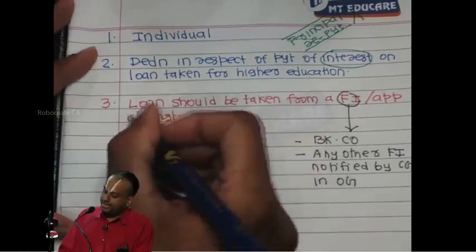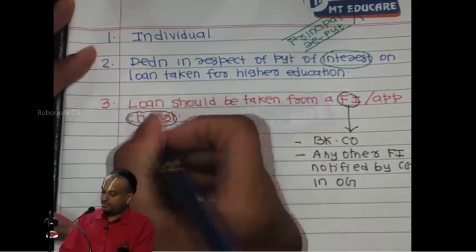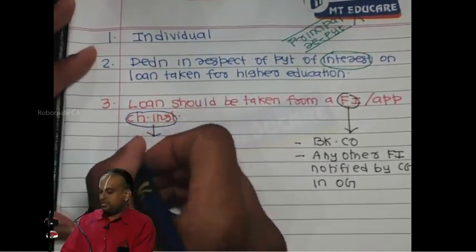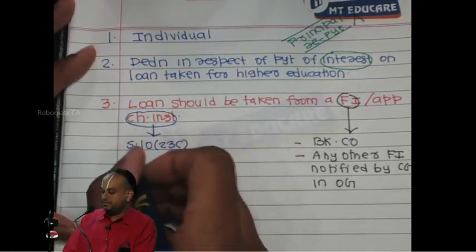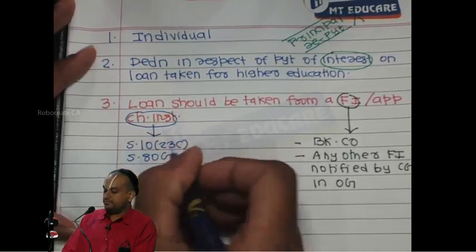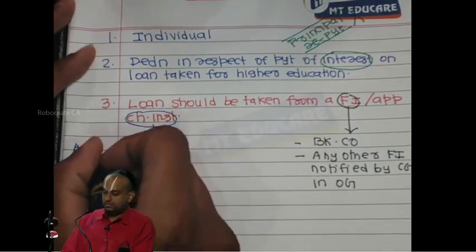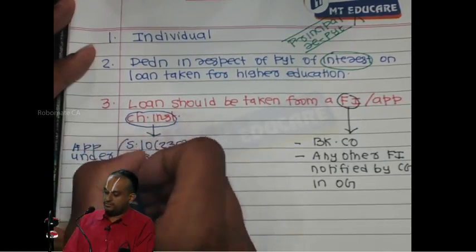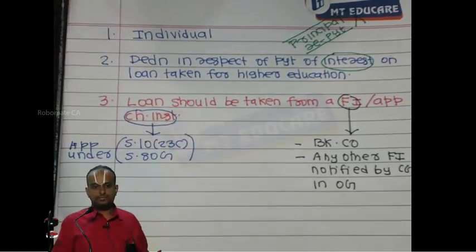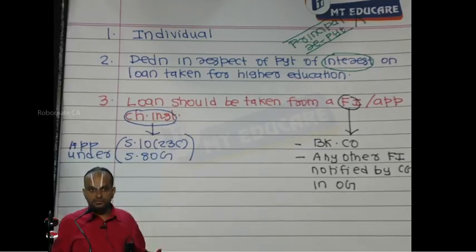Here approved charitable institution means institution approved under 10(23C) or under 80G. You all know this. I already discussed. 10(23C) subclause 4: fund or institution approved by the prescribed authority, existing solely for charitable purpose.